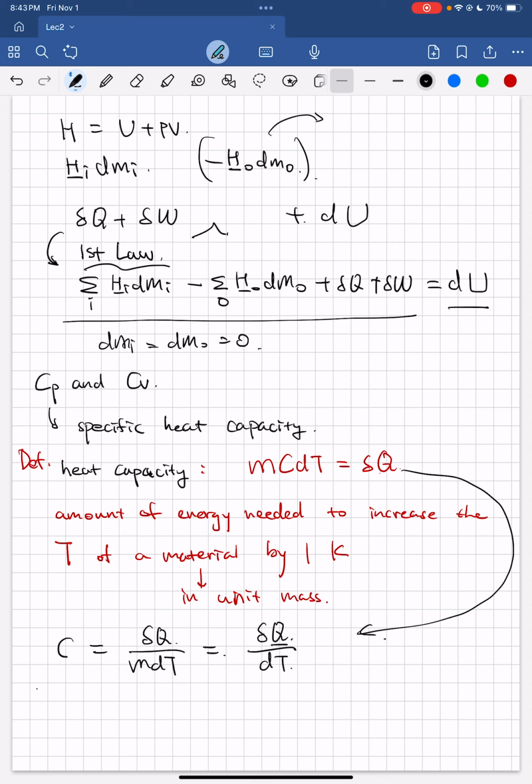Let's take the first law, then dU equals del Q plus del W, right?